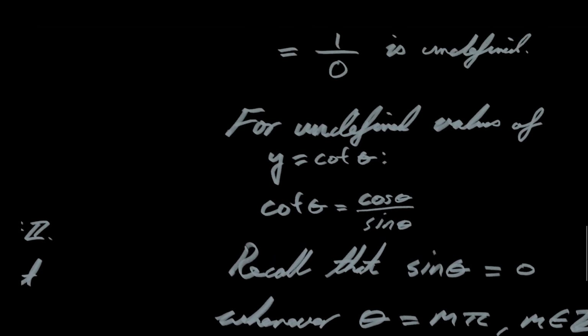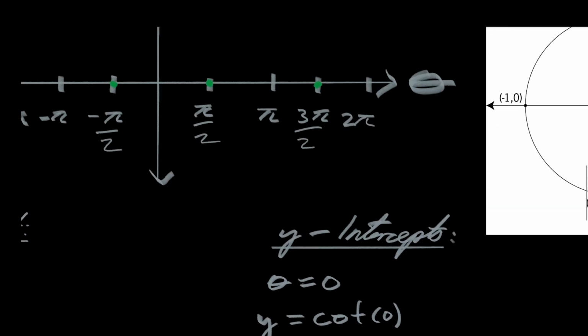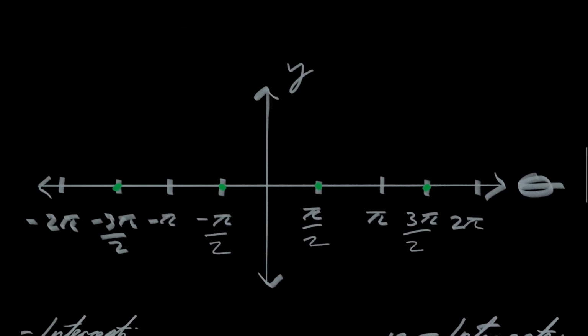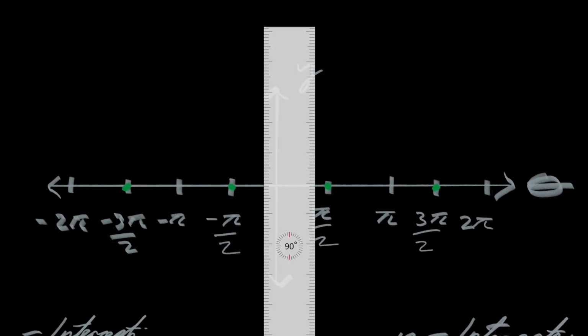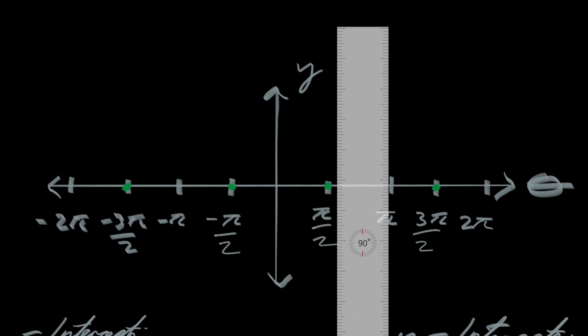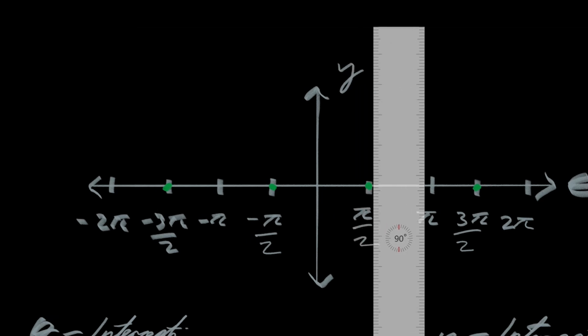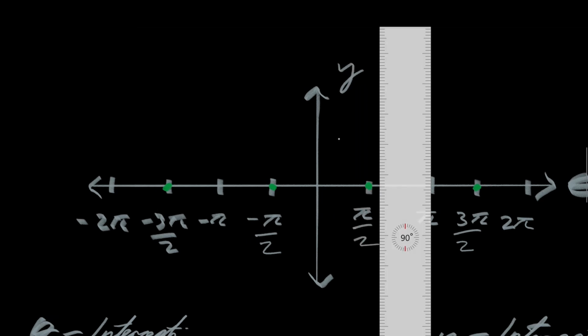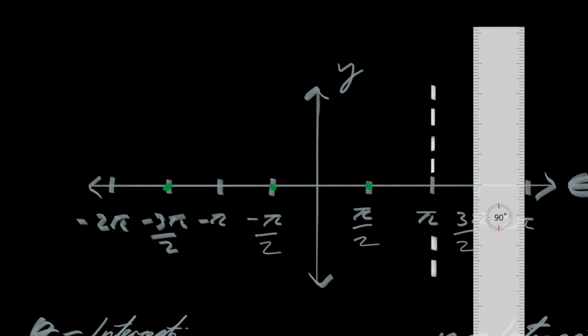Which means if cotangent of theta is undefined at any integer multiple of pi, we have to put asymptotes in at integer multiples of pi. Okay, so let's put one in at 1 pi. Alright, let's put one in at 2 pi.